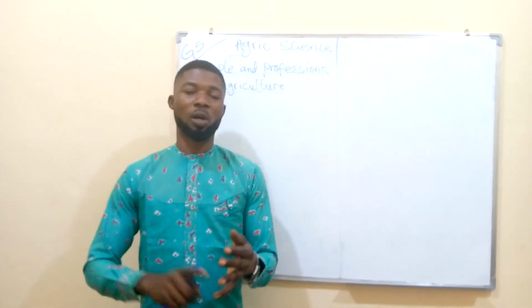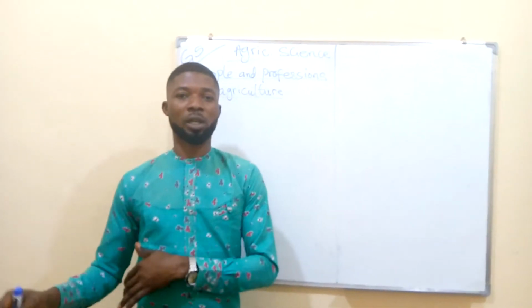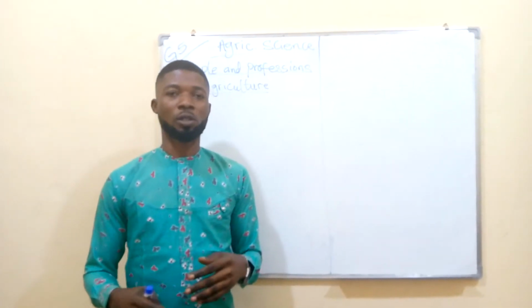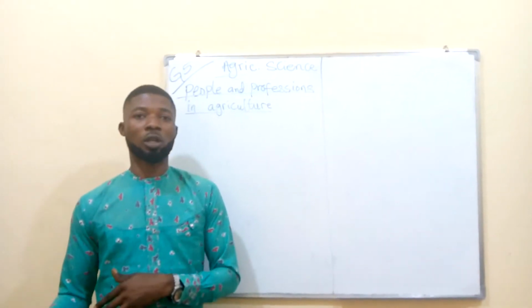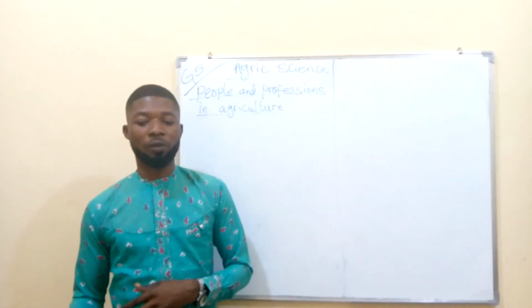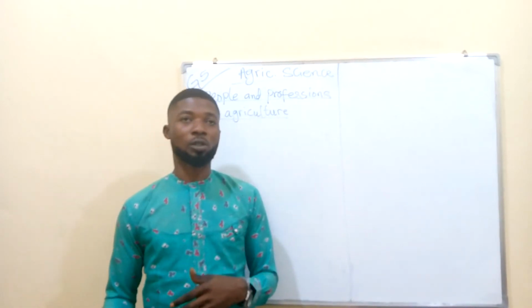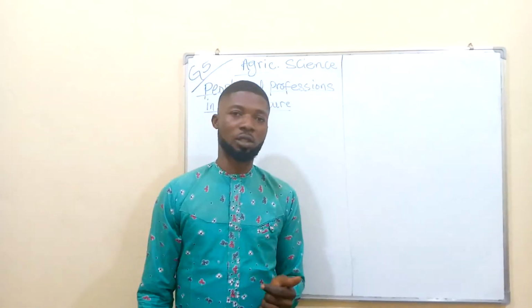Don't forget, number one is animal scientist. Number two is crop scientist. And number three, we just mentioned soil scientist. Then number four, we have agricultural educationist.